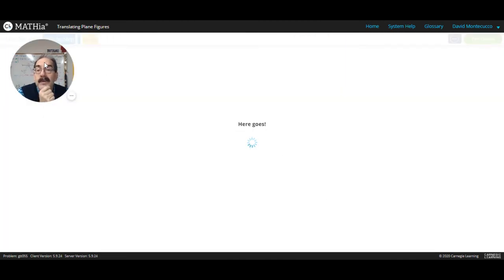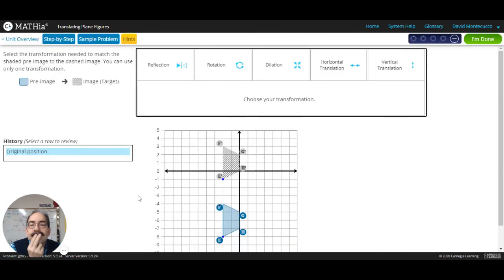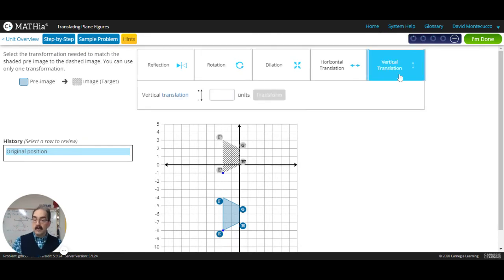I bet you my head's in the way. All right, so we got an image, and it looks like they're going up. Pre-image, the original position. We're going to translate. So this will be a vertical going up. And how far did it go up? 1, 2, 3, 4, 5, 6, 7.